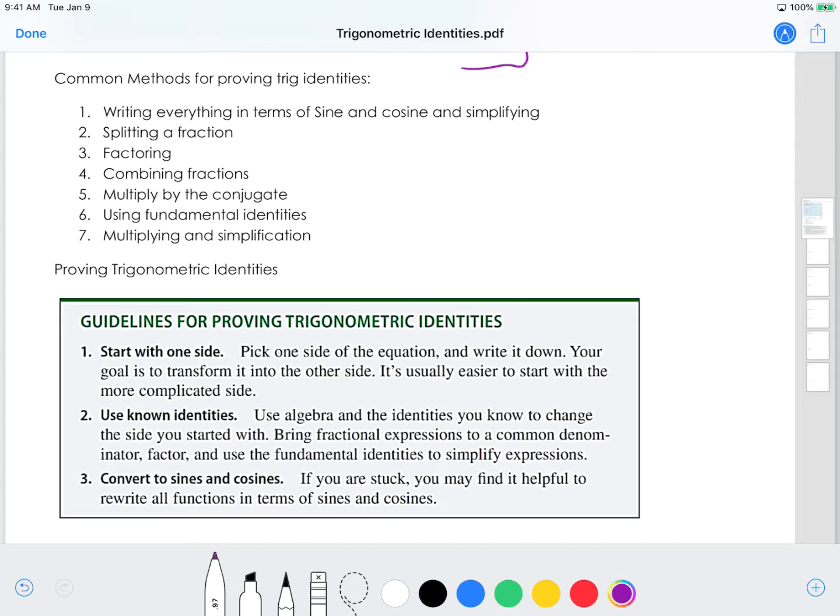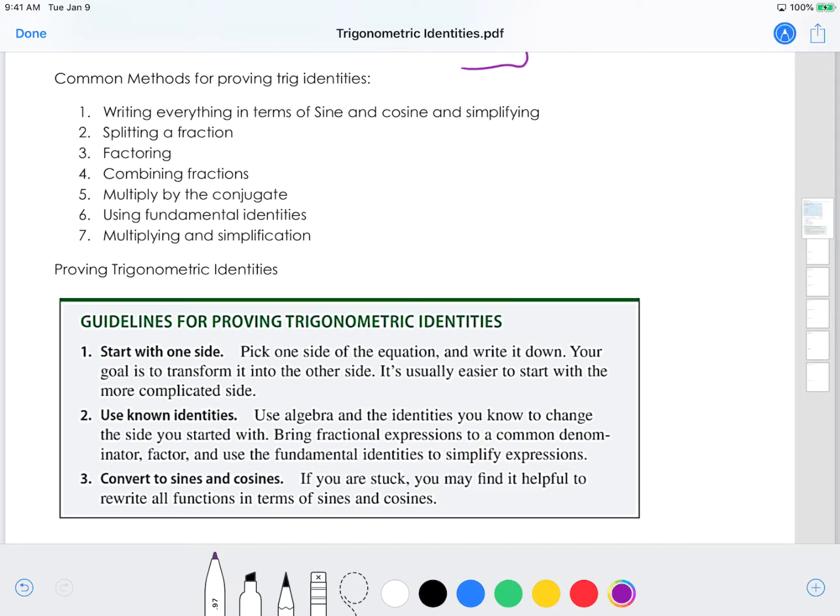You want to just work on that one side and try to use these techniques to manipulate that side to show that it's equal to the other side. If you start switching sides, it's going to get confusing and it's going to lead to a mistake. So really just try to stay on one side. I can't stress that enough.